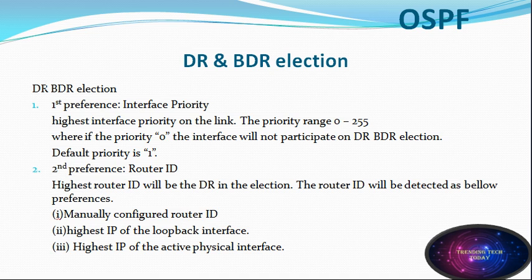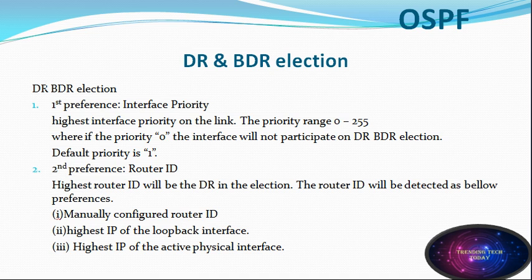Now the second preference, router ID. The highest router ID will be the DR in the election. The router ID is determined by the following preference. 1. Manually configured router ID. If a router ID is configured manually, it takes priority as the router ID. 2.